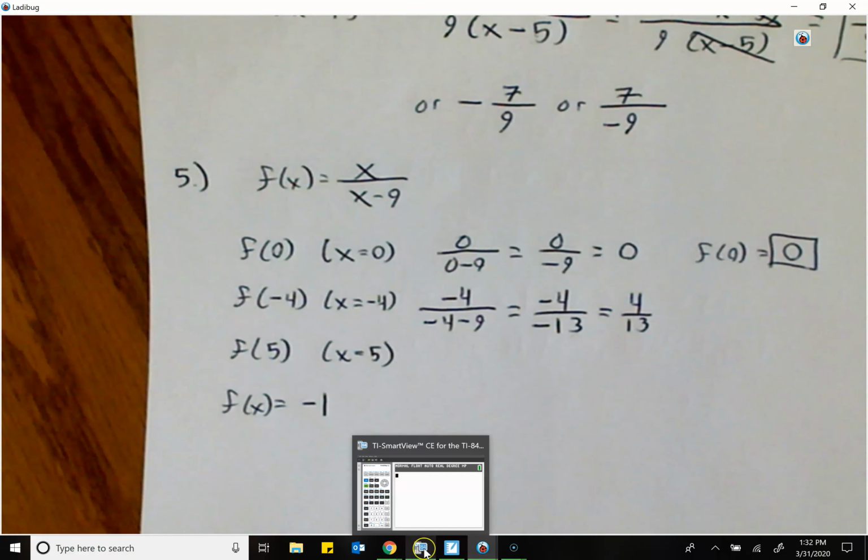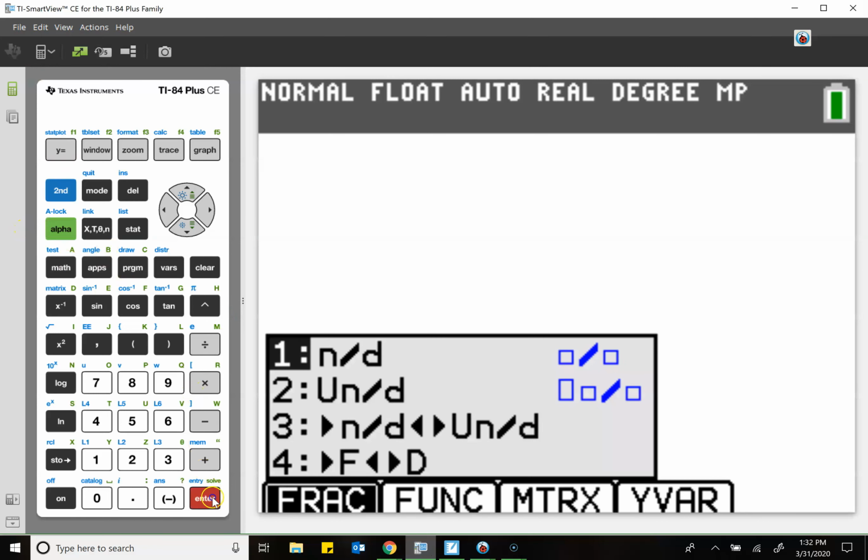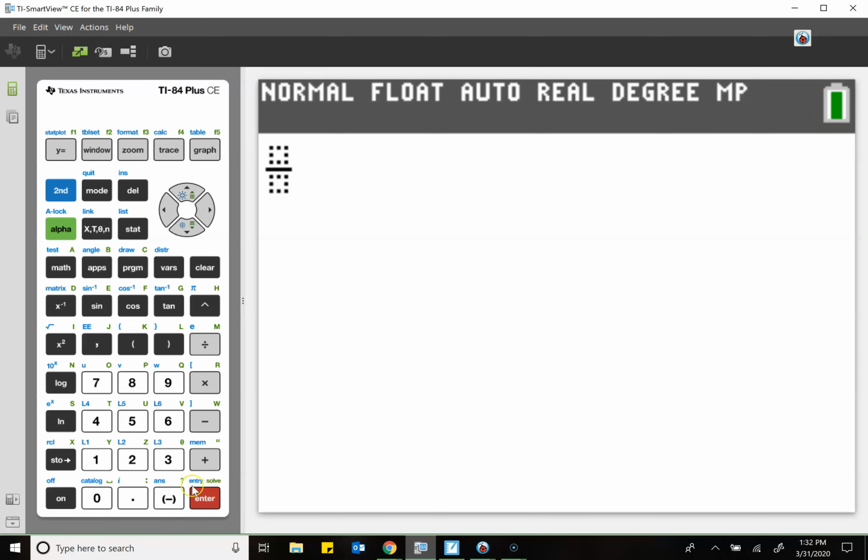Again, if you have trouble with fractions, you can go right into your calculator, hit alpha y equals, and we could have put that entire situation in our calculator. The top was negative 4. The bottom was negative 4 minus 9. If I hit enter, there's that 4/13 I was talking about. Okay?